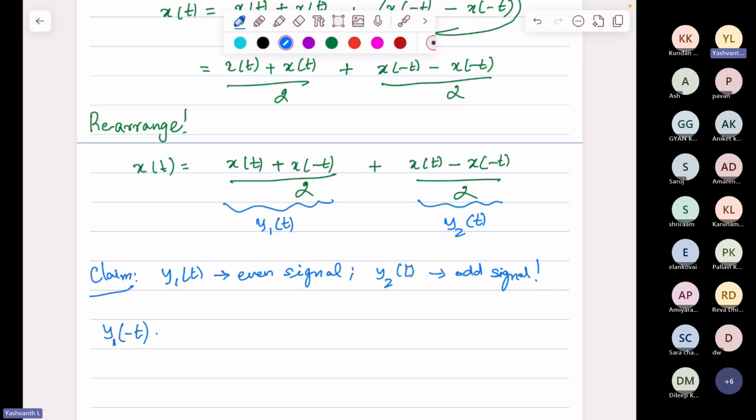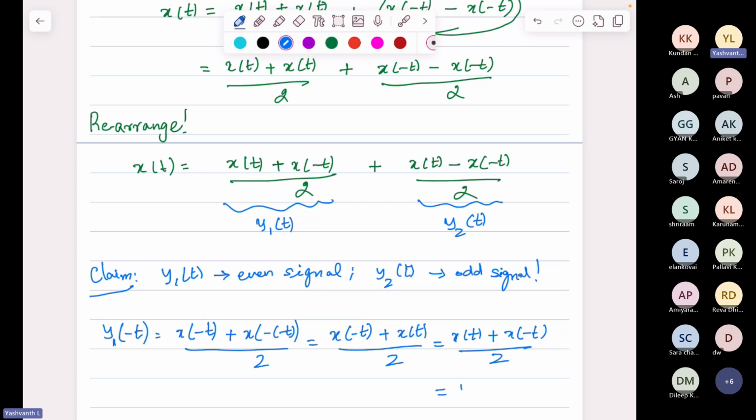That is nothing but x of minus t plus x of minus t by 2, which is the same as x of minus t plus x of t by 2. Now just reorder the terms: x of t plus x of minus t by 2. But this is nothing but y1 of t, correct?